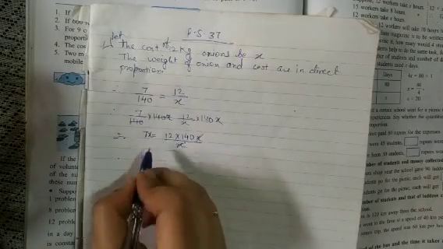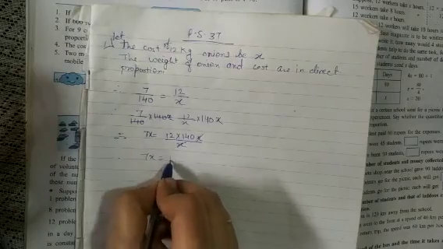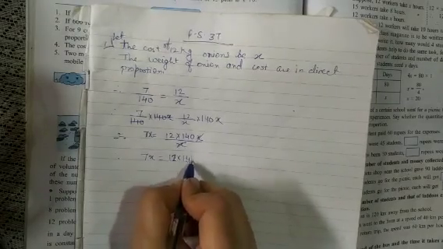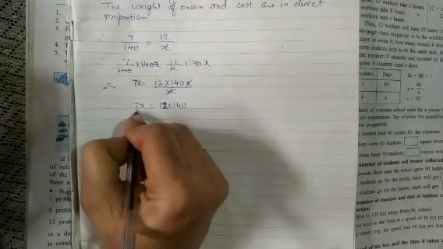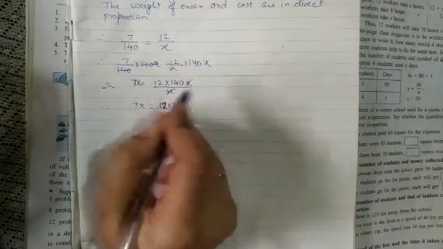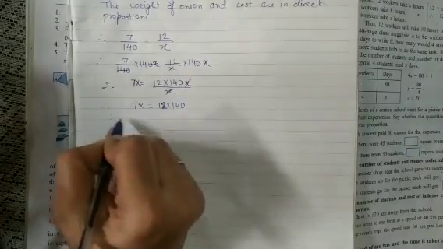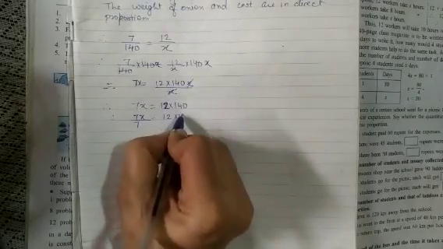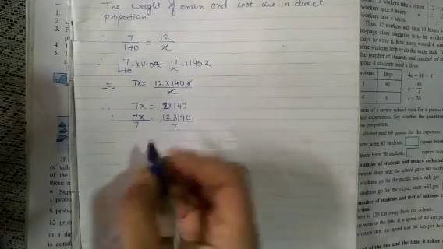Now you know that it is 7 into 7x equals 12 into 140. Now to remove this 7, we will divide both sides by 7. That is 7x upon 7 is equal to 12 into 140 upon 7.